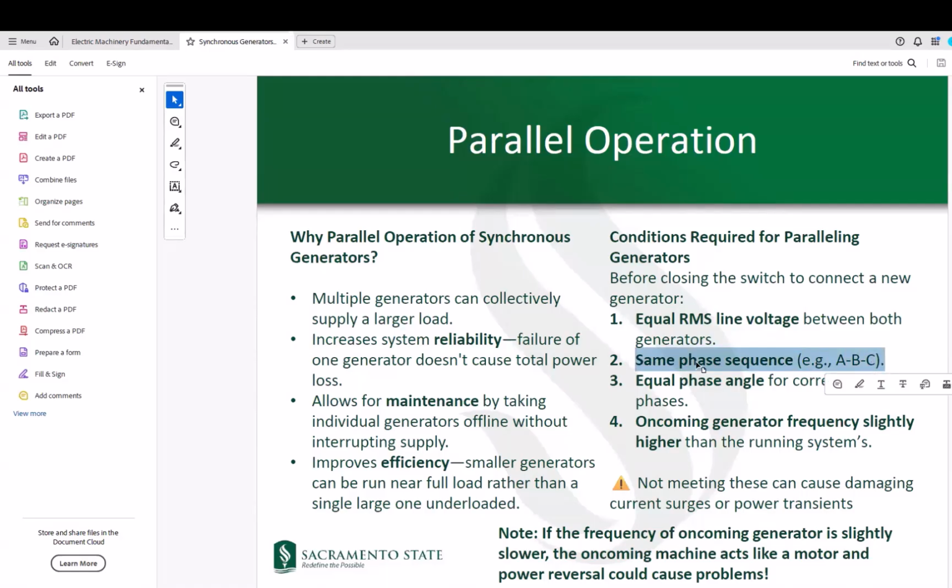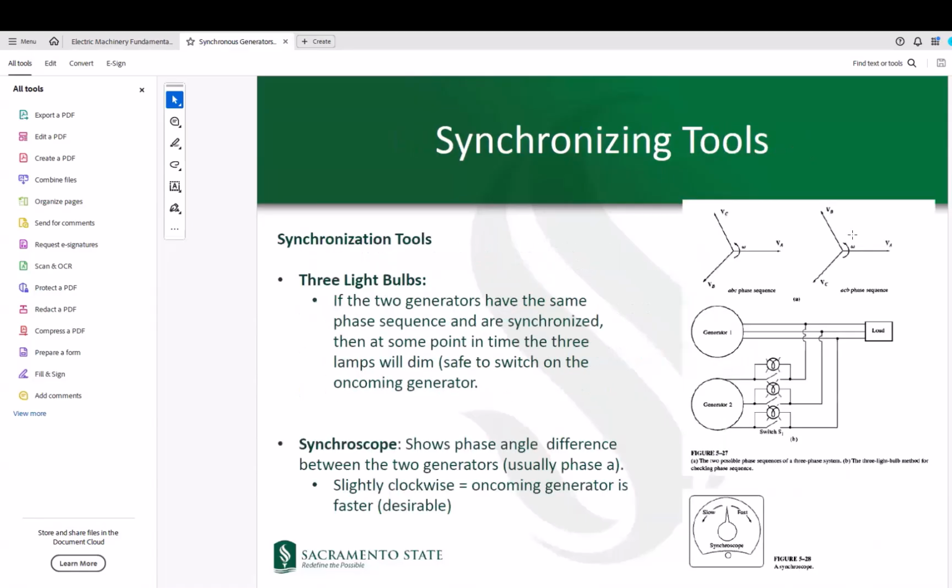So we have usually the ABC as the standard phase sequence, which means that with respect to counterclockwise rotation, voltage in phase B would be behind the voltage in phase A by 120 degrees, and phase C would be 120 degrees ahead of the A. This is the standard ABC phase sequence.